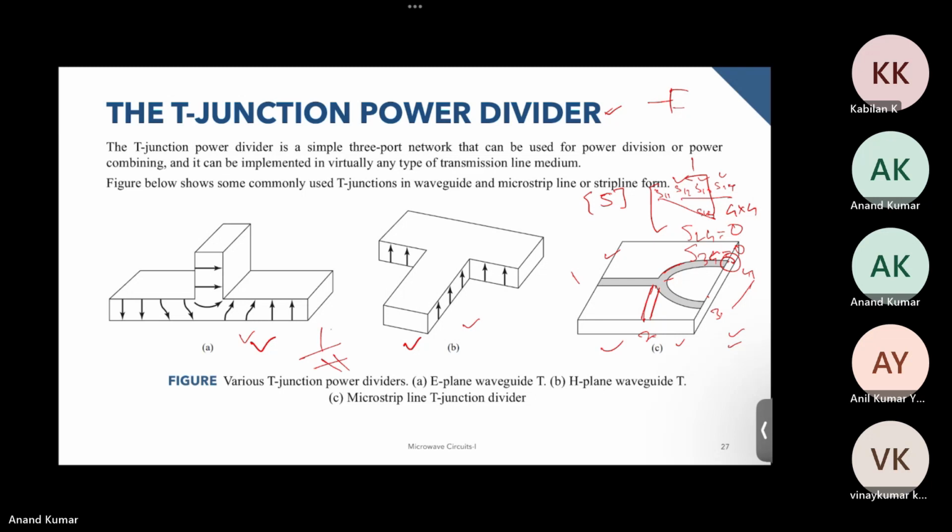So this particular terminal was also present over here like this. Just for information, this can be combined, and in this plane you will have your H plane T, and in this plane you will have your E plane T, and we call this a magic T.